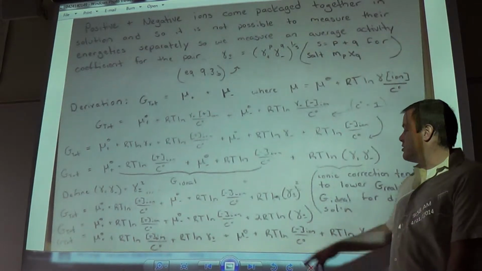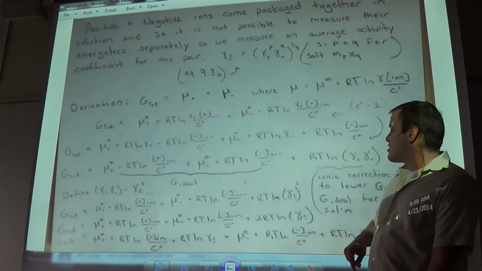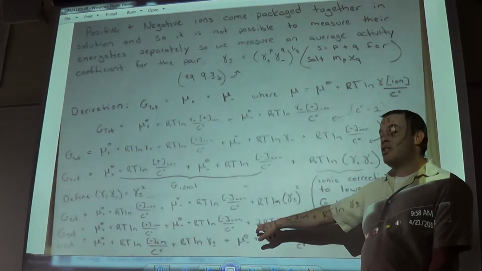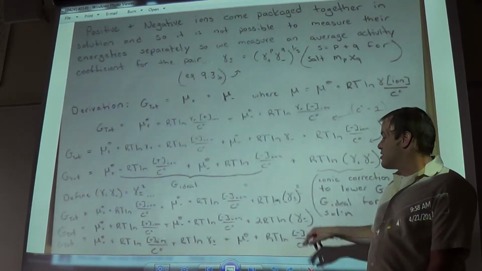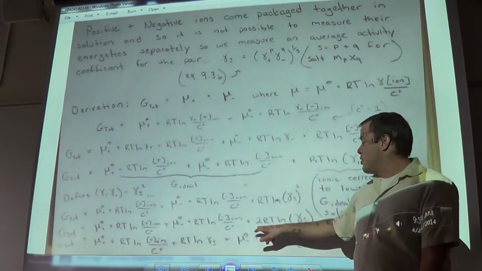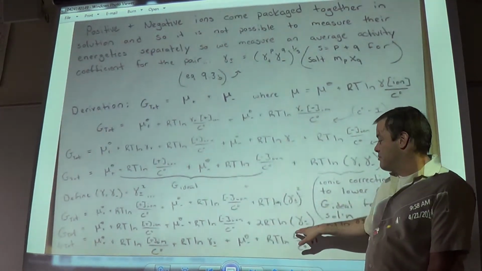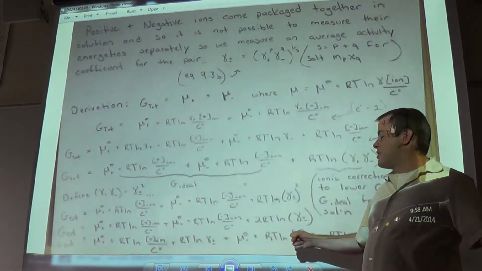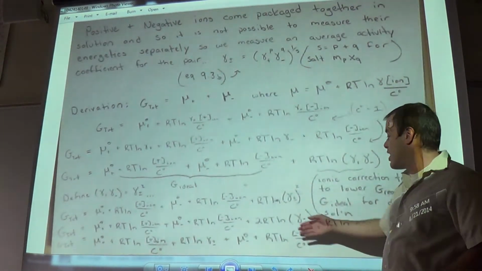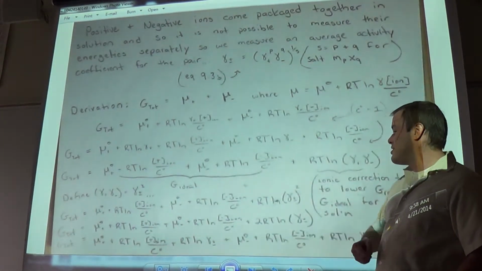We've got this RT natural log of something to the second power, but that's the same thing as saying 2 times the RT natural log of that thing that had been raised to the second power. And so now we have this term. That term can be pulled apart into RT natural log of gamma plus minus plus RT natural log of gamma plus minus. So we can pull 2 of these out.